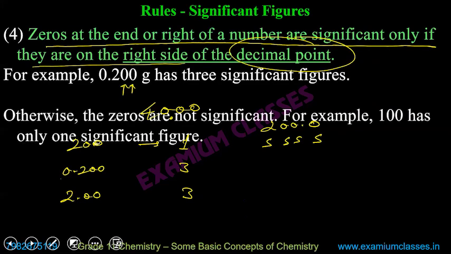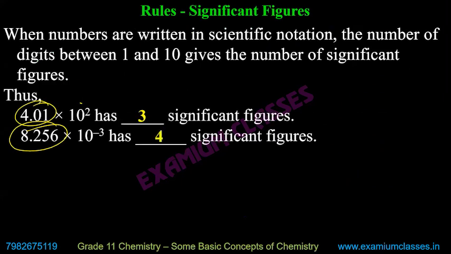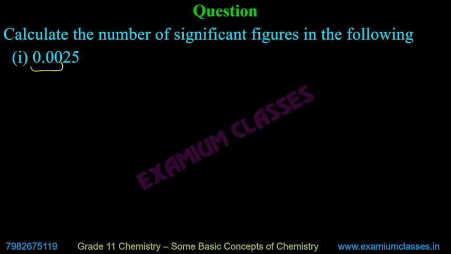So you need to know there is a hidden thing here which you need to apply, which is not written in the rules. Even though we say zeros after the decimal will become significant, they must also be after a non-zero digit. So if it is 3.0025, then yes, these will become significant.